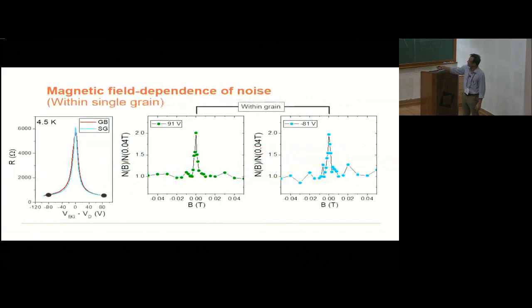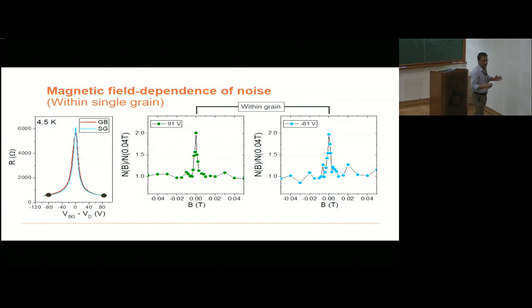This is within a single grain of my graphene. You can see, if I compute the value of n as a function of B at this point and at this point here, you can see exactly a factor of 2 reduction in the magnitude of n as you change the magnetic field in either direction.